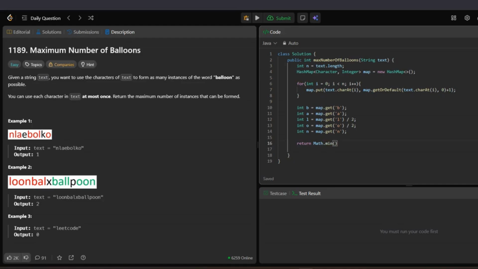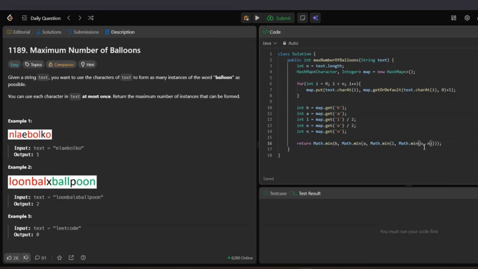So Math.min of B, comma, Math.min of A, comma, Math.min of L divided by 2, comma, and so on.